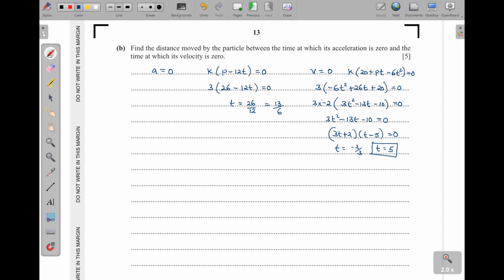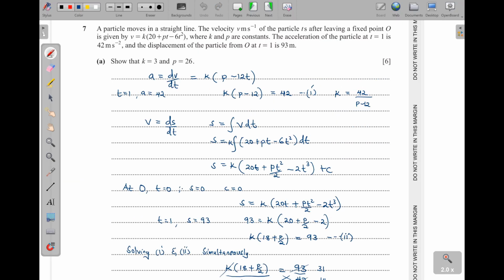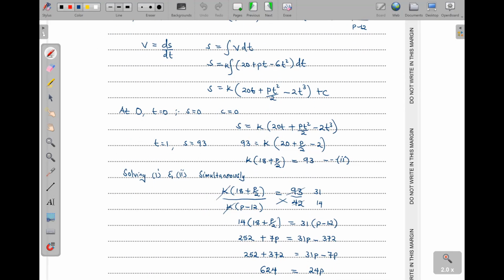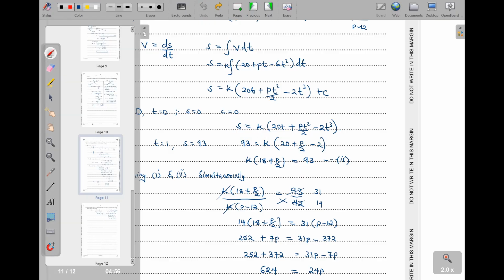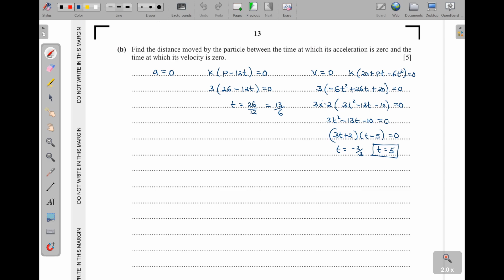Now, displacement. When we check back here, we got our expression for s. You remember? It is here: k into 20t plus 26 over 2, that will be 13t squared, then minus 2t cubed. So I will come here and say the distance is going to be, remember, you're supposed to integrate the v, but it's already integrated.